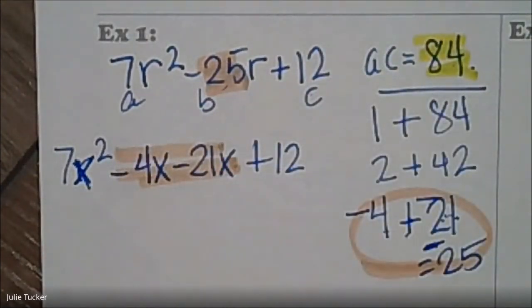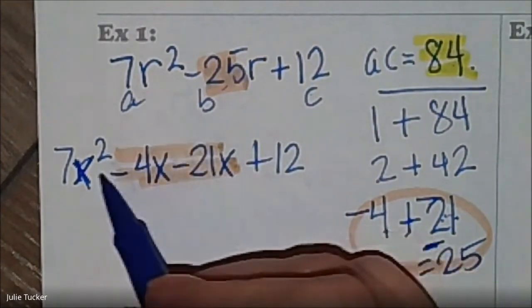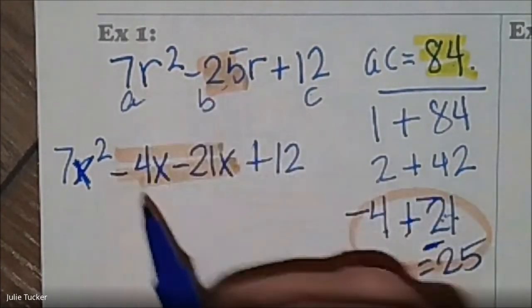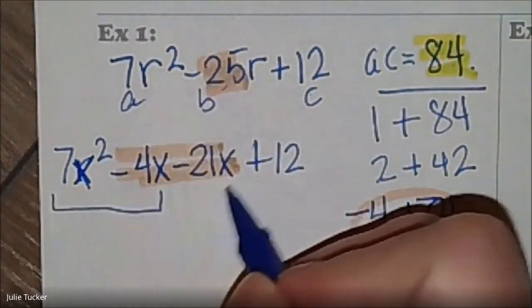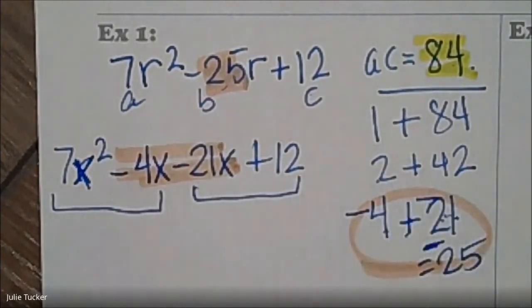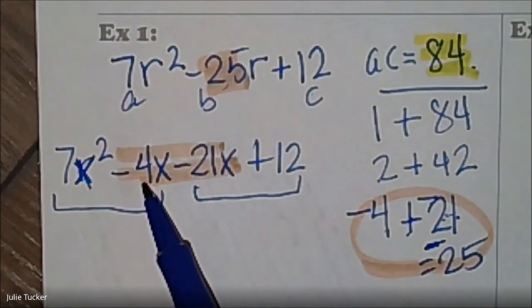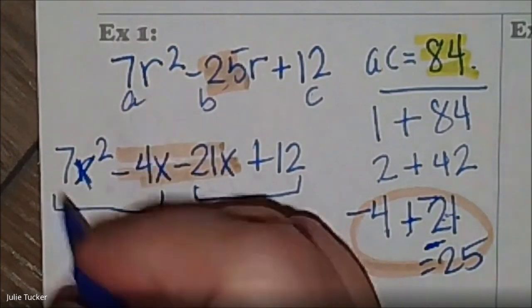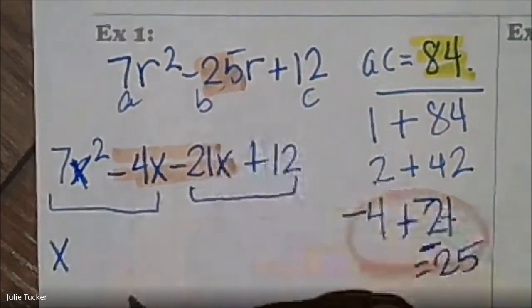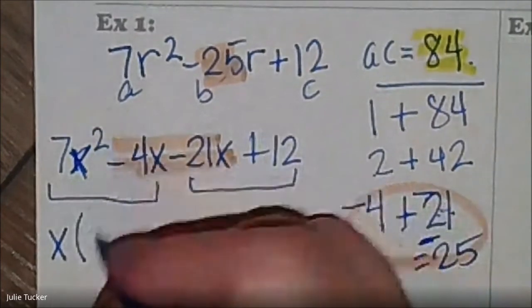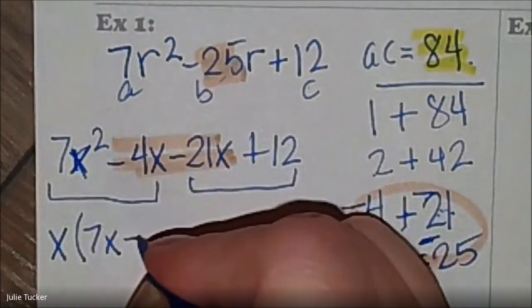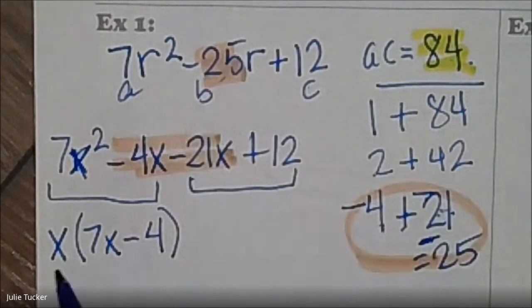But this still adds up to the same thing as that. Now, the reason I did it is because now I can do the grouping. 7 and 4 do not have a number that divides into them. So I just write x, and then I write 7x minus 4, because that's what it is, right? I'm just taking the x out.